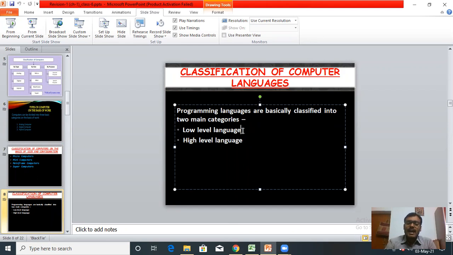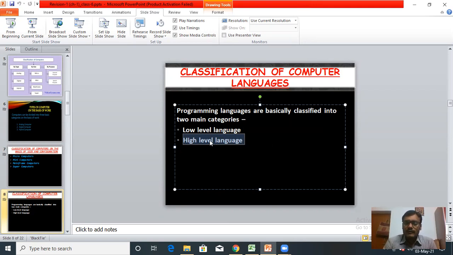Computers understand only binary digits, that is 0 and 1. So machine language is considered a low-level language because it is in the form of 0 and 1. And the other is high-level language. It is very similar to the English language. You can write instructions using high-level language, and the computer will convert that instruction into machine code.